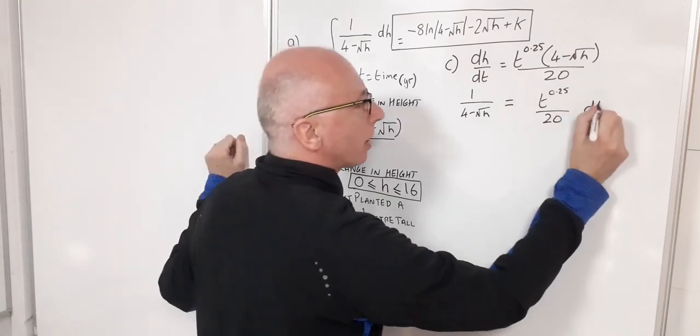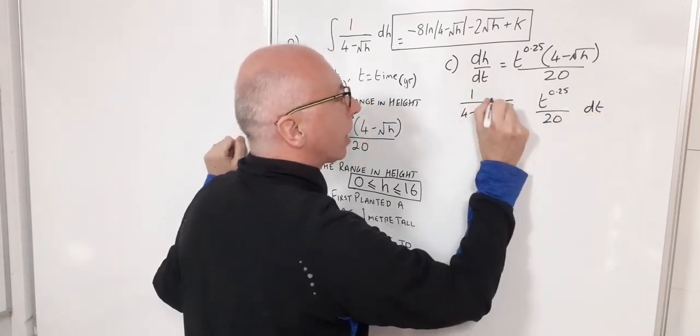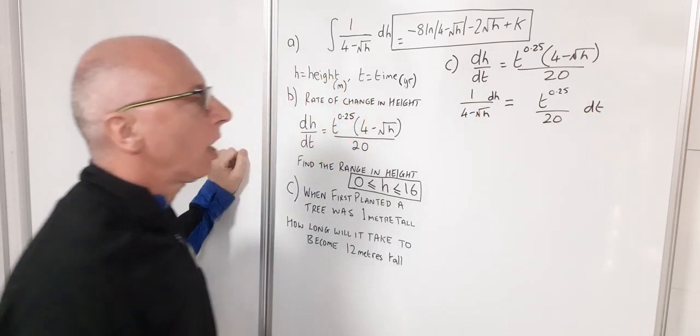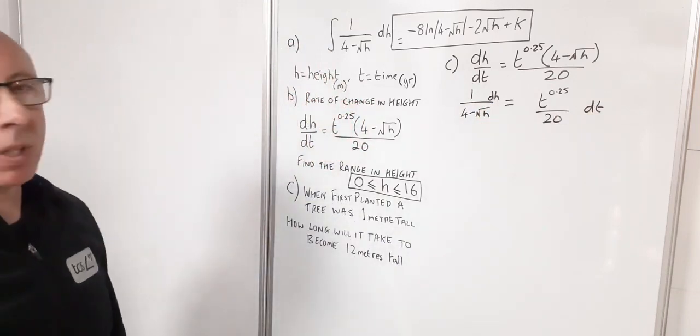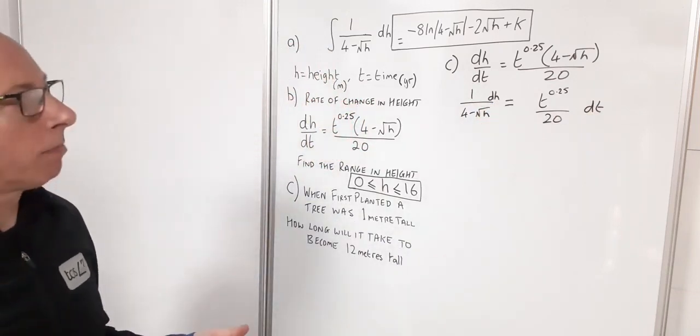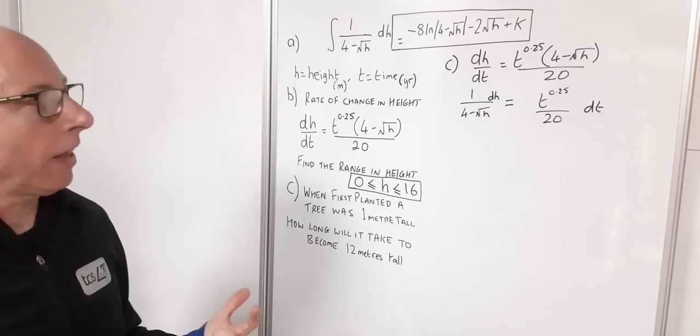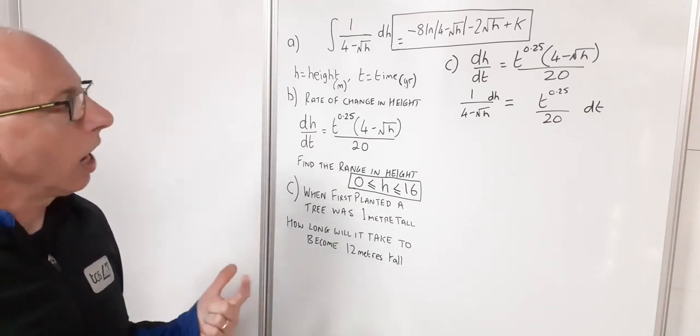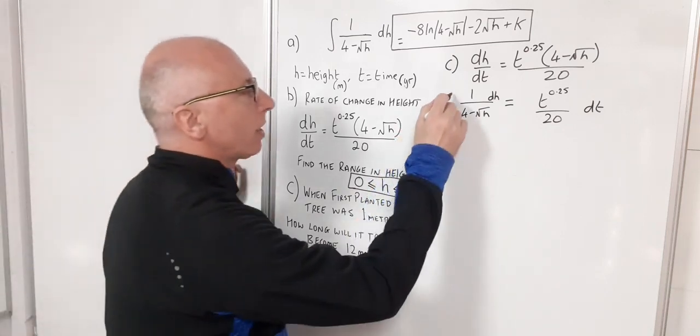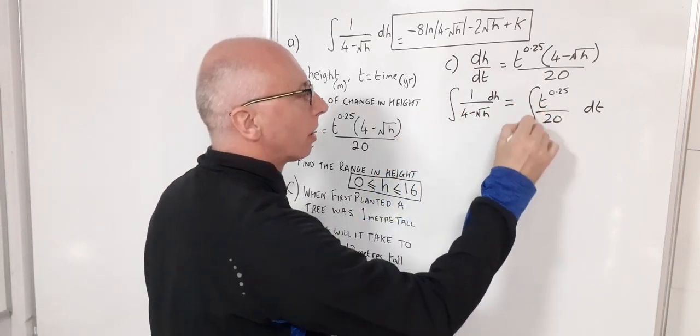So we'll have a dt here and we'll have dh here. Okay, so now what we can do is we can take the integral on both sides, and then we can get the h and the t variables as we want them. So let's integrate both sides.